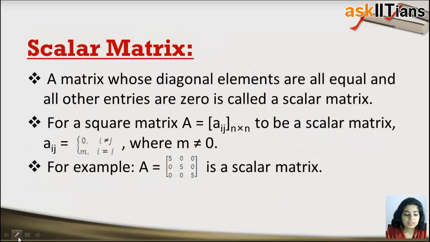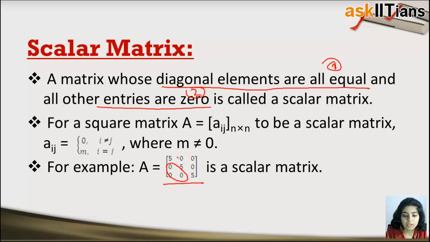Okay, next we have the scalar matrix. Scalar matrix is one whose diagonal elements are all equal, first thing, and all other entries are 0, right? Now we have a matrix of this type. See, all elements except the diagonal elements are zero; these are the diagonal elements, which are non-zero and equal, in fact 5, 5, 5, and the rest of the elements are zeros.